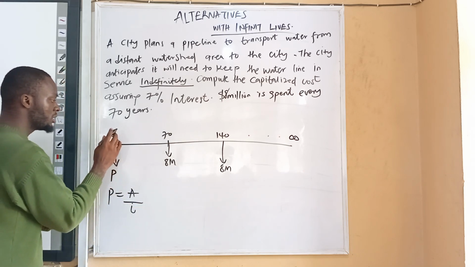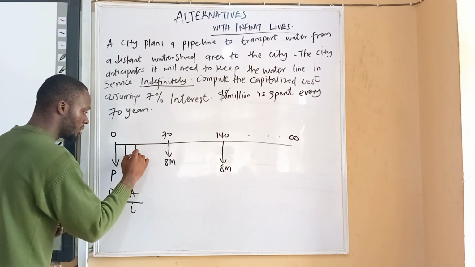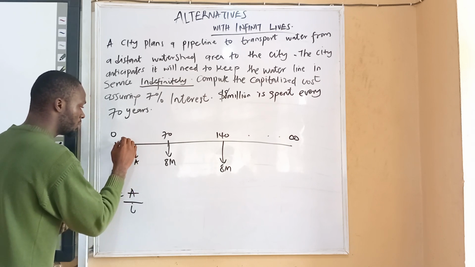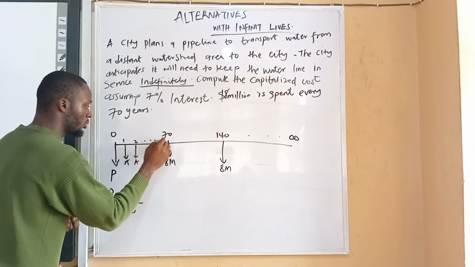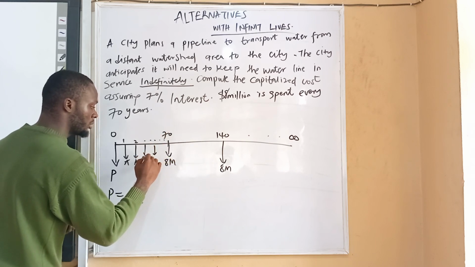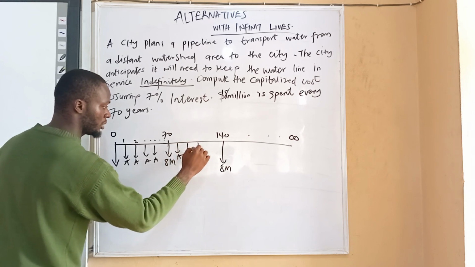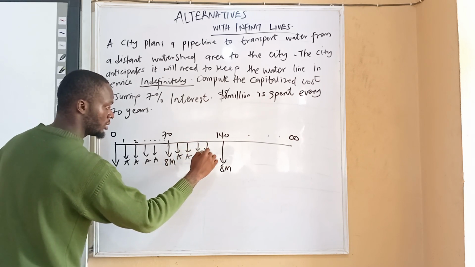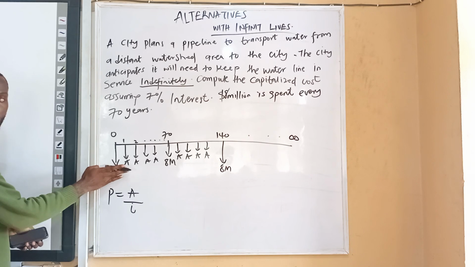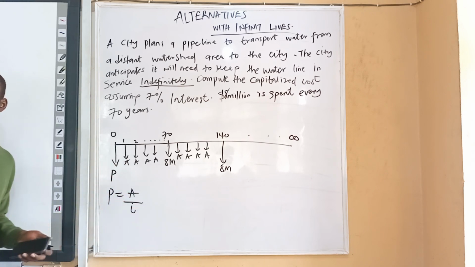It means from 0 to 70, the amount I'm going to spend every year, 1, 2, to get to 70 years will also be periodic. So we must find this A. Once we find this A, we now do A over i, we get the answer.